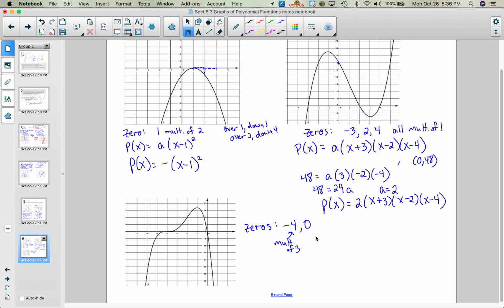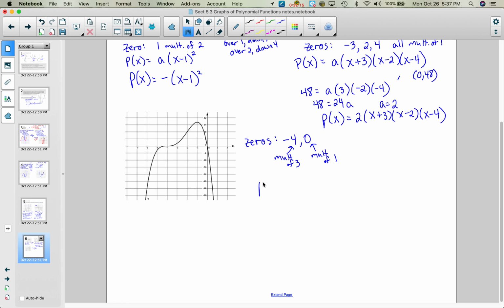And the 0, this looks like it passes straight through, so I would say that's a multiplicity of 1. And we have p of x equals a times x plus 4 to the 3rd power times x to the 1st power. So then I have to pick a point on my graph.